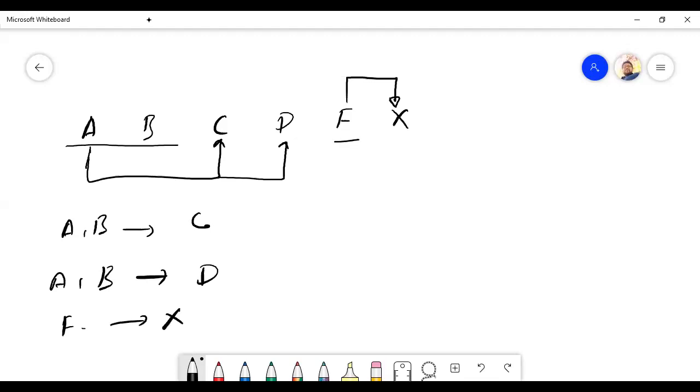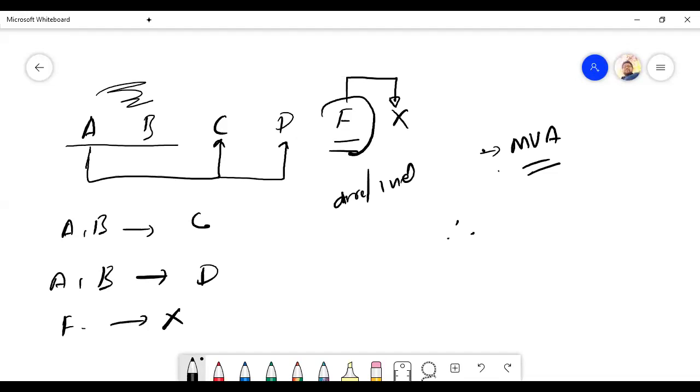Now this X, the F, this one directly or indirectly does not depend on the primary key. So you can find there will be a multi-value attribute. If you find a multi-value attribute there, then that is zero normal form. Okay, so that is the case.